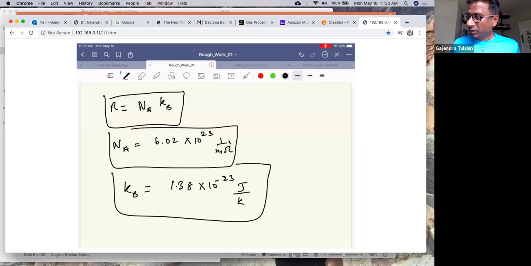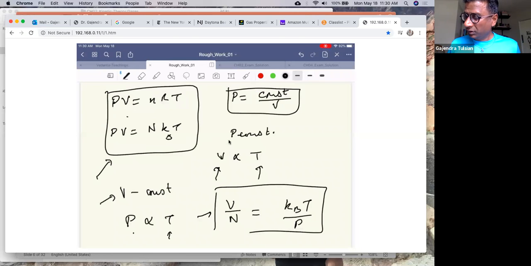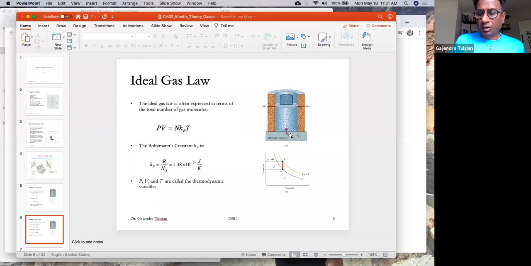So you often see the ideal gas law in these two forms. This is the number of moles and this is the number of molecules, and the two are related. Again, the ideal gas law is given in terms of these three thermodynamic variables.